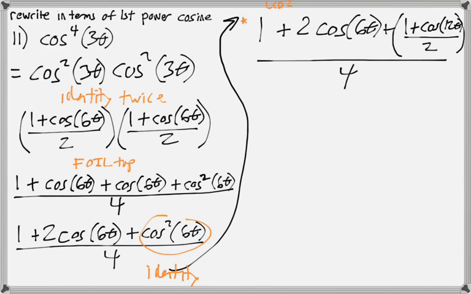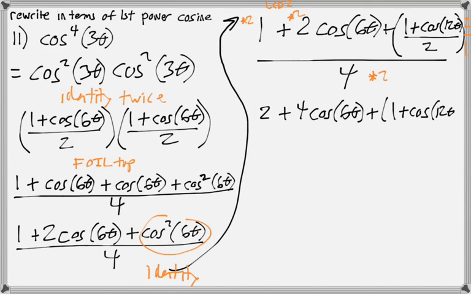So if I multiply by 2, multiply this by 2, or you can put 2 over 1, multiply this by 2, then this will become 2 plus 4 cosine of 6 theta plus 1 plus cosine of 12 theta all over 8.